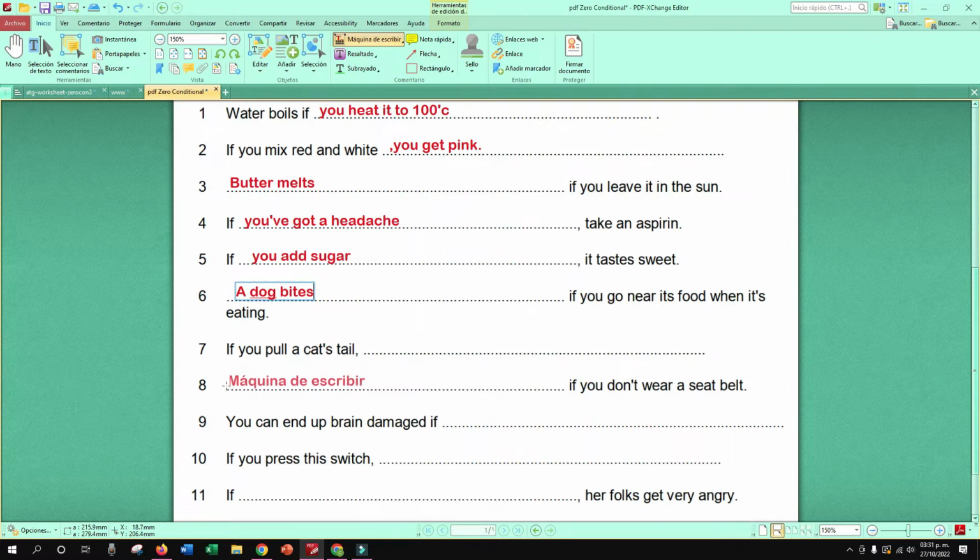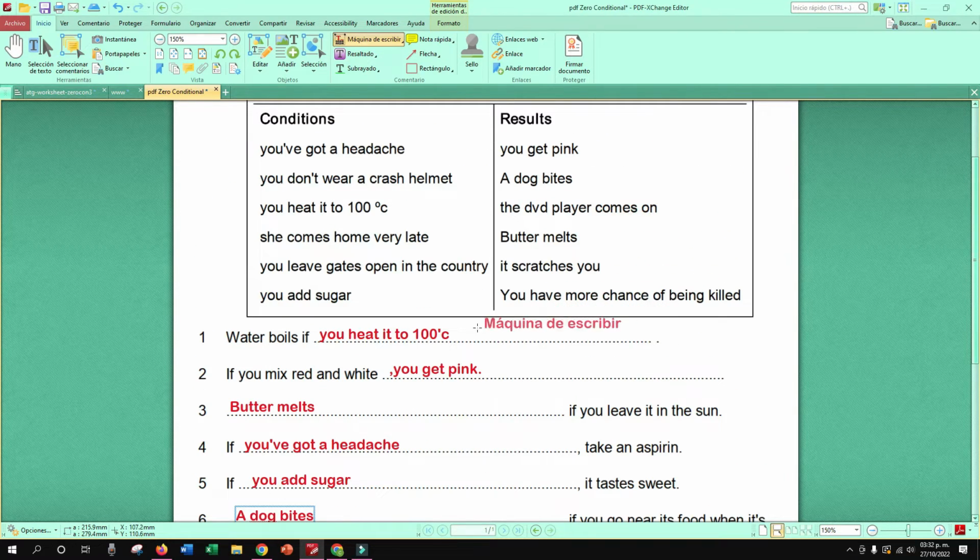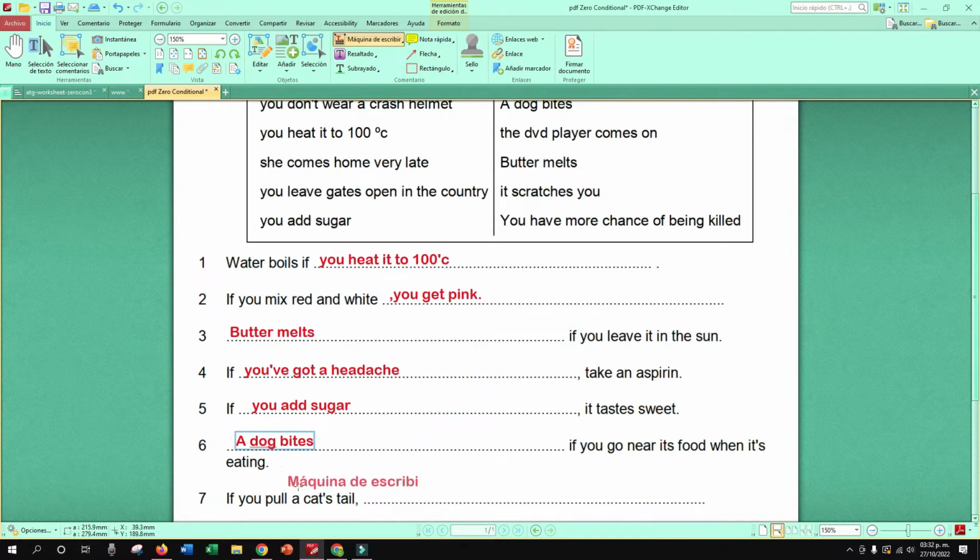Let's see 7. If you pull a cat's tail, ¿qué les pasa a ustedes cuando le jalan la cola a un gato? What will happen there? You know, scratches, arañar, right? So, it scratches you, right?